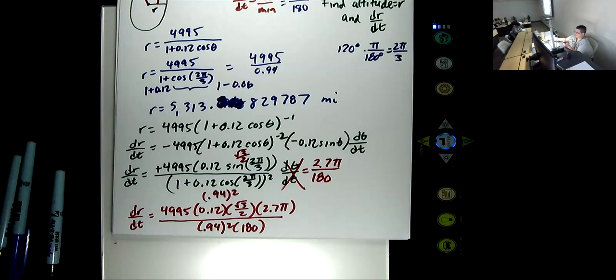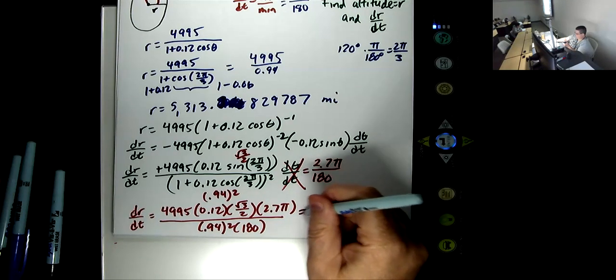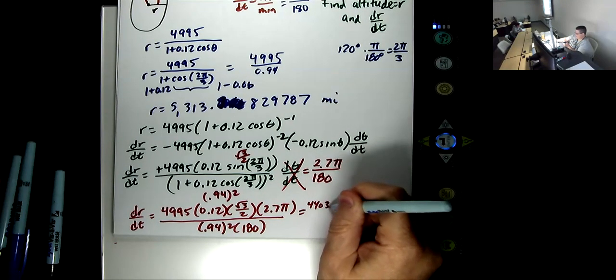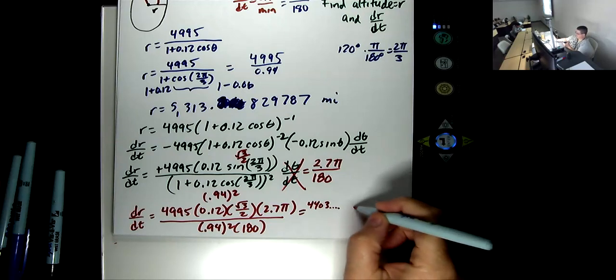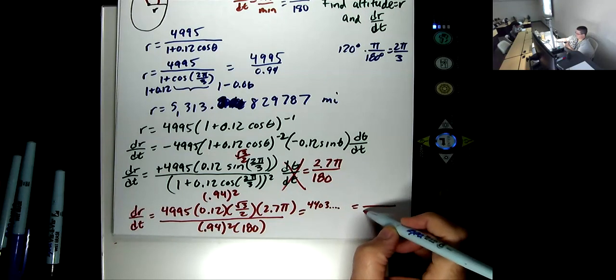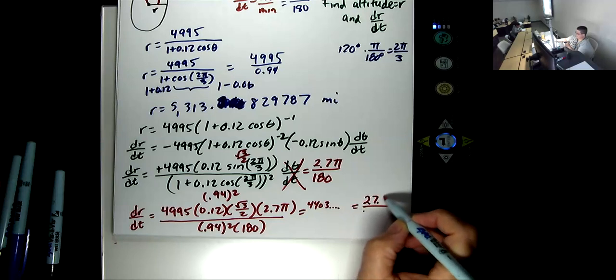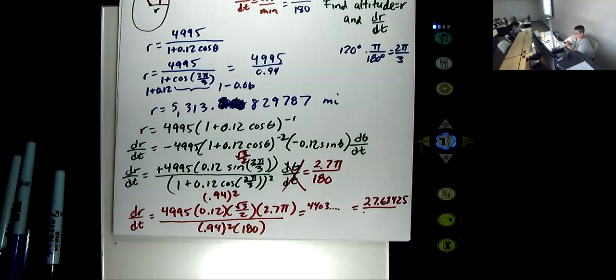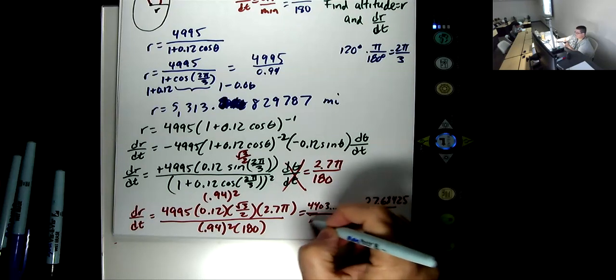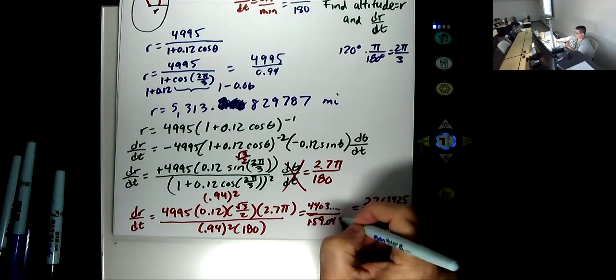So on top, I'm getting 4403 some change. 0.94 squared times 180. 159.048 on bottom.